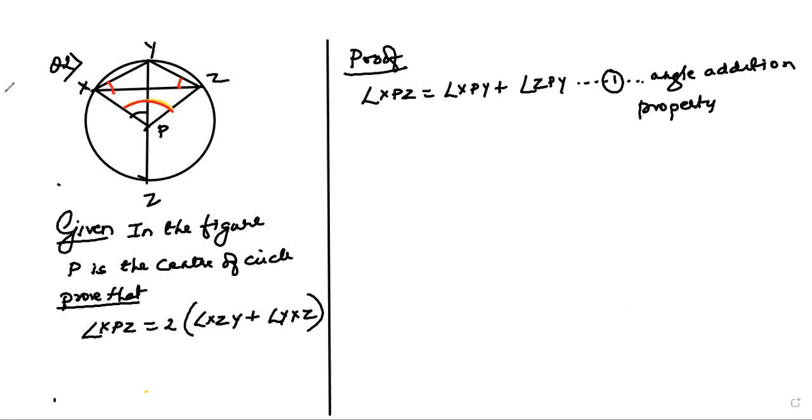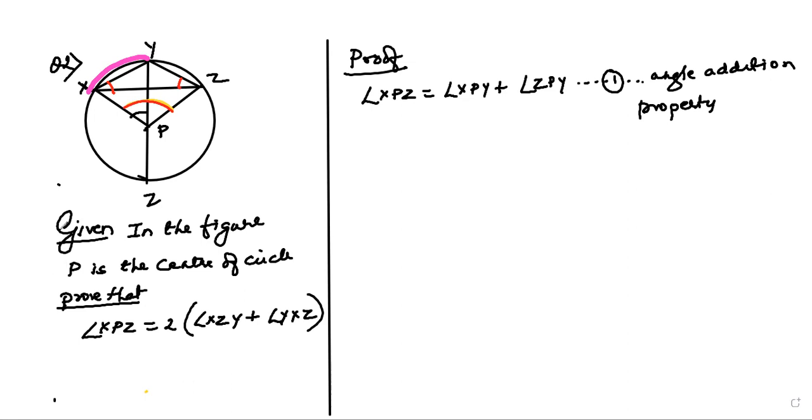Angle XPY is intercepting arc XY. The central angle is intercepting this arc XY. But the same arc XY is also intercepted, if you look at it clearly, by angle YZ.